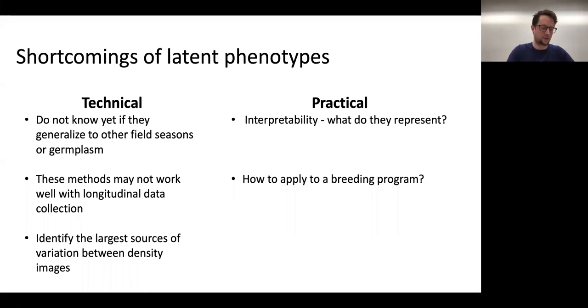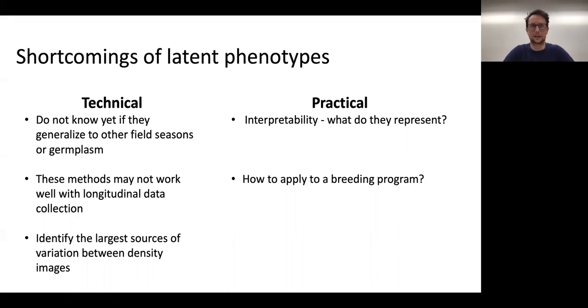In the case of PCA, the principal component analysis derived latent phenotypes, we can get an idea of what they represent. We can project the eigenvectors back into the shape of the image and get an idea of whether each principal component is highlighting the stalk or the leaves or the top or the bottom of the plant.